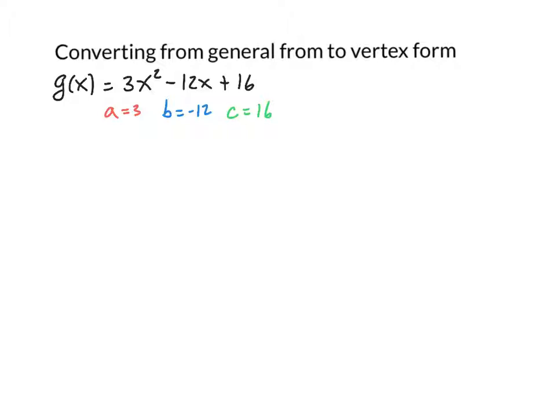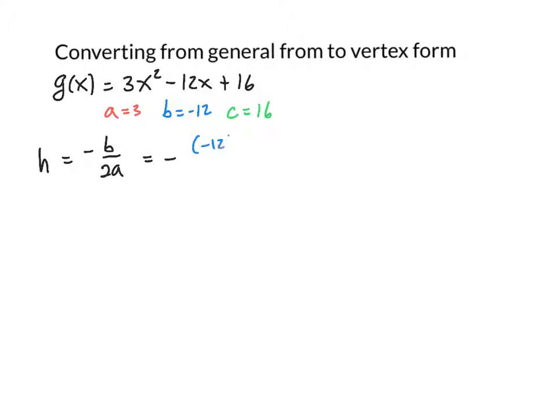Right, so what we need to remember is those formulas that we had for h and k. So the big thing here is to remember that h is equal to negative b over 2a. Okay, so what I'm going to do is plug in my numbers here. So this is equal to negative, and for b, what I get is negative 12.